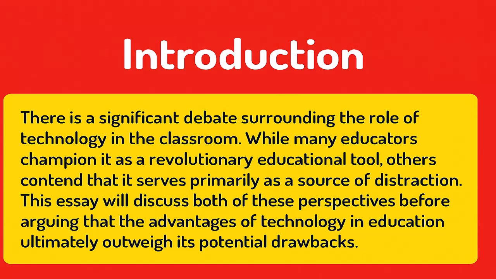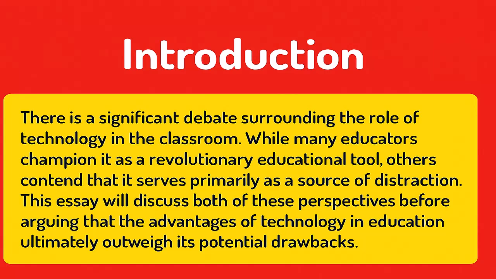Let's look at the bookends of our essay, the introduction and the conclusion. These are super important for setting up your argument and wrapping it up nicely. Our introduction does a great job of paraphrasing the two views from the prompt. It talks about the significant debate and mentions that many educators champion it as a revolutionary educational tool, that's view A, while others contend that it serves primarily as a source of distraction, that's view B. Then, the thesis statement is perfect.